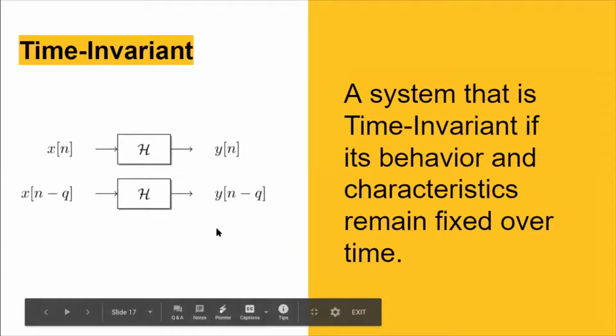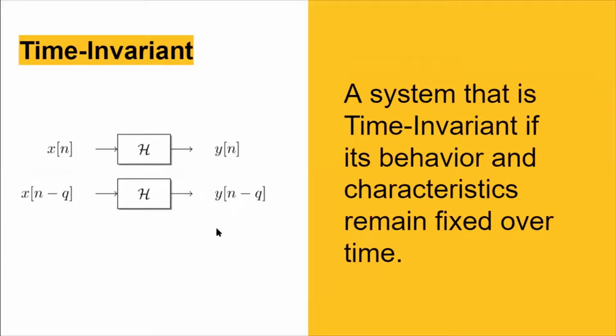Okay. Now the next one could be a little confusing. A system is time invariant if its behavior and characteristics remain fixed over time.